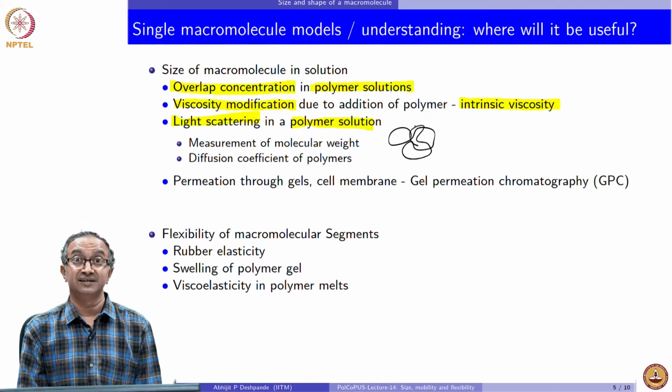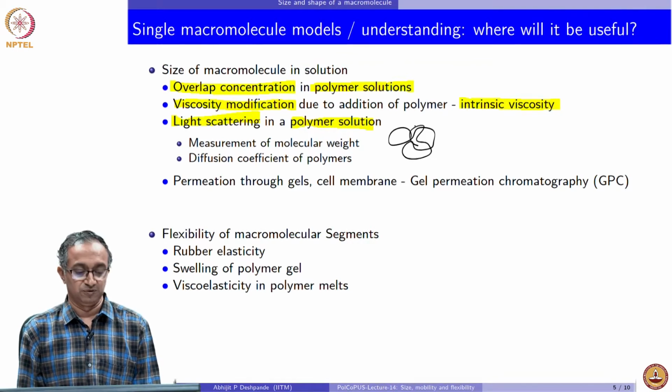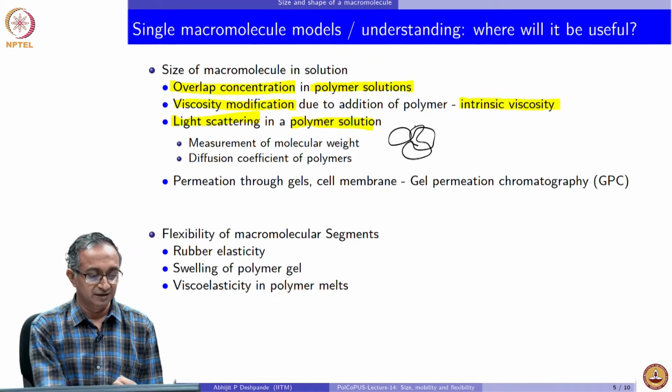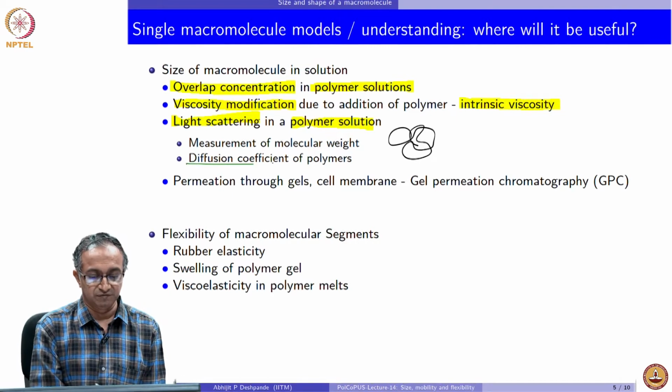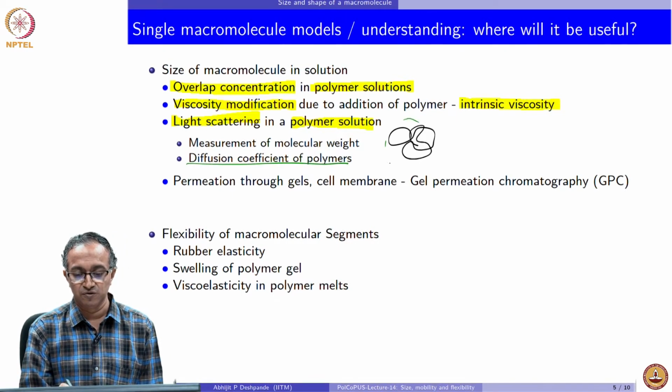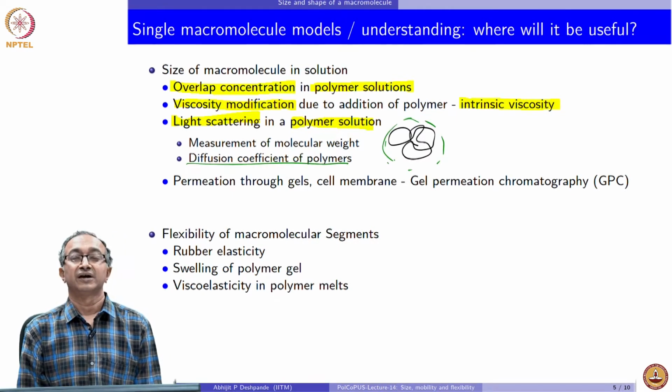And so light scattering is in fact used to determine the size and molar mass of macromolecules. Similarly, the diffusion coefficient of a polymer will also depend on how big or small it is and what shape this macromolecule takes.